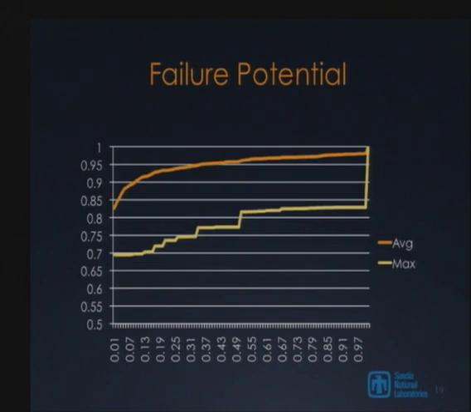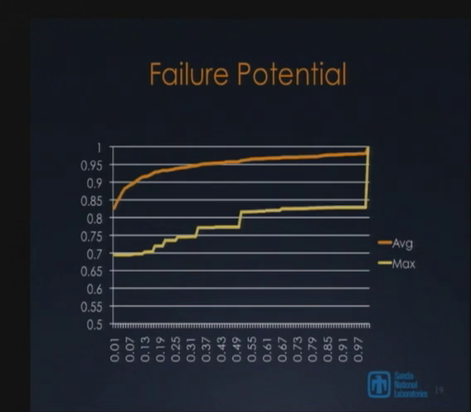If we look at what the failure potential looked like, this is the breakdown again. What was the probability that you would get some kind of failure if your resolver was going to all these different servers and querying them, that you would get a bogus result? If you look at the average, which is the one on top here, these colors look fairly similar.